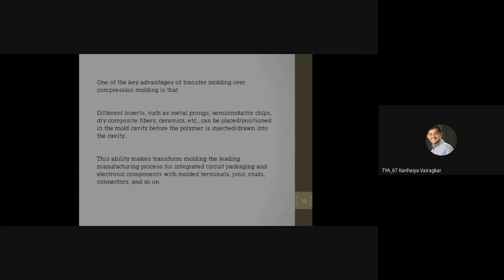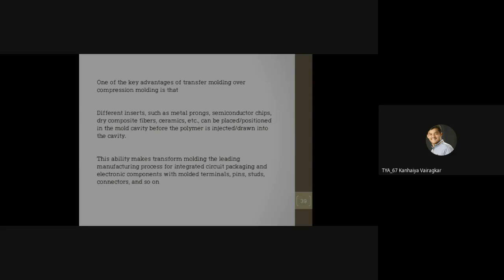Today we can remove that and change to another one, but in older days it was not there. Once the pin is scrapped, everything is scrapped. So that type of insert is actually required. Before molding itself you will have to put that metallic material or any other material inside that particular component. That is called an insert.